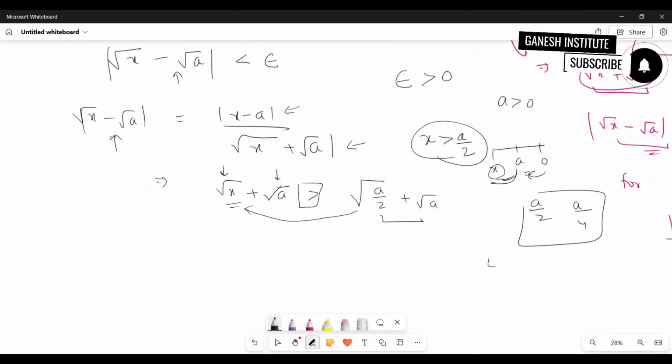Yeah, so this is sort of left hand limit, right hand limit. So you are assuming this, now assume that X is greater than A by 2.